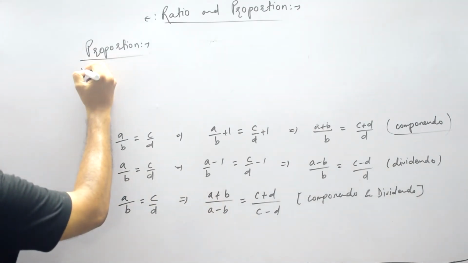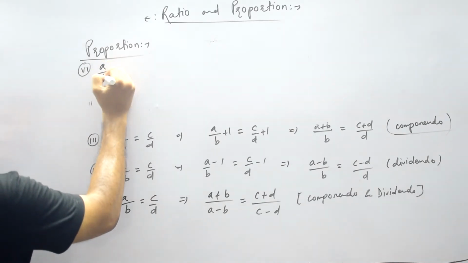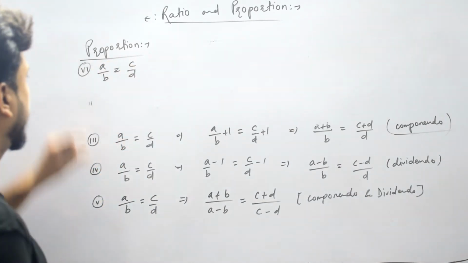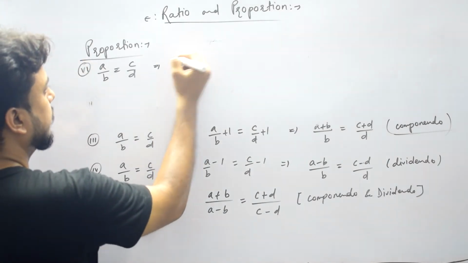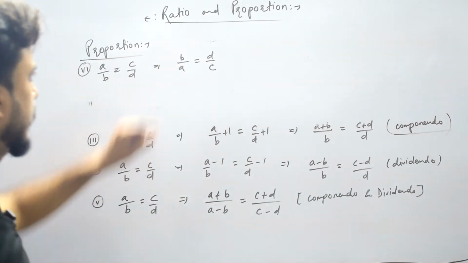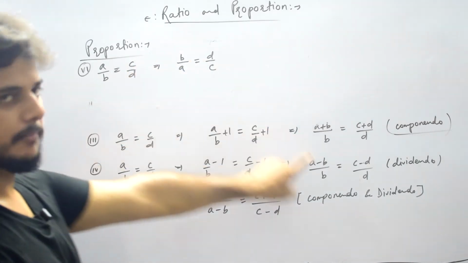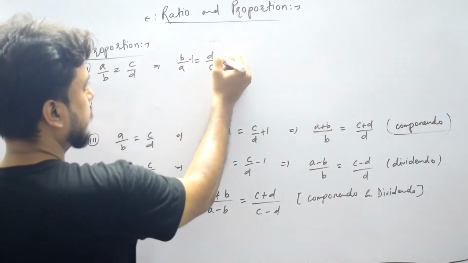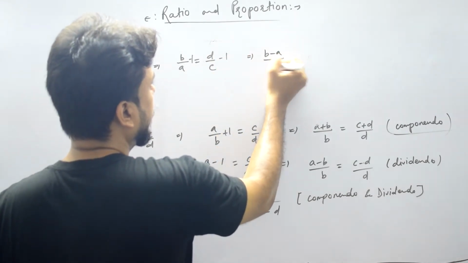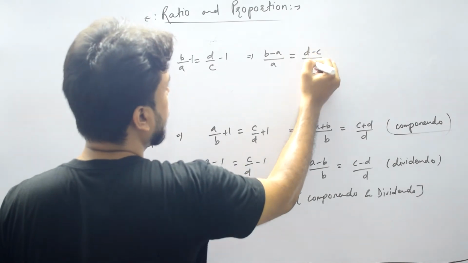Now our sixth one is, suppose again a by b and c by d is given. First we will take the reciprocal. We write b by a is equal to d by c. We are using invertendo, and then we subtract 1 on both sides, so we get b minus a by a is equal to d minus c by c.